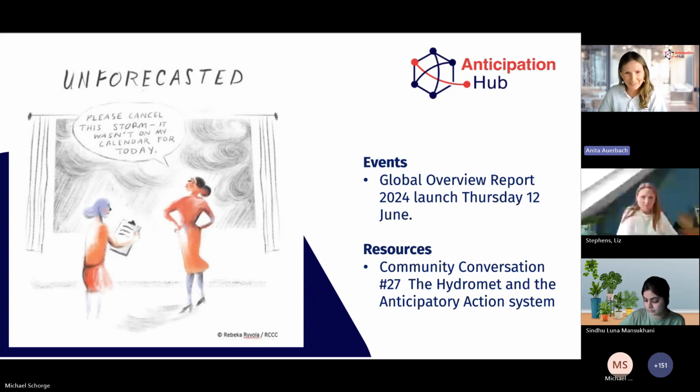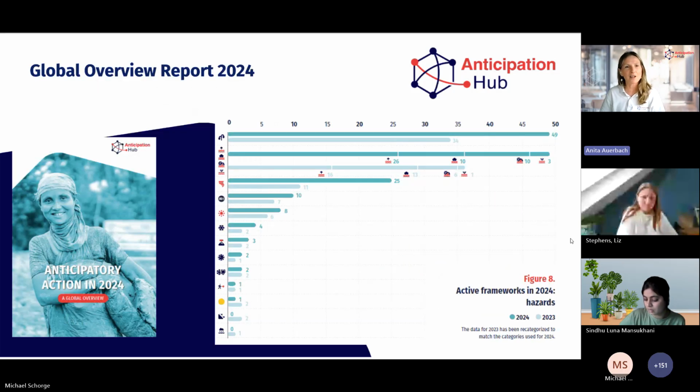The next slide, Michael, is an overview of the kind of data that you'll find in that report. For example, you'll find what active frameworks there were in 2024, and you can see here that there were more drought frameworks, that's the little symbol at the top, and then after that, the following frameworks are flood. So drought and flood are very popular hazards to work on for anticipatory action.